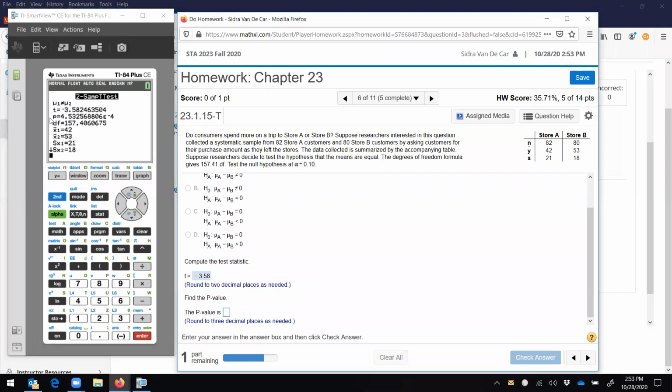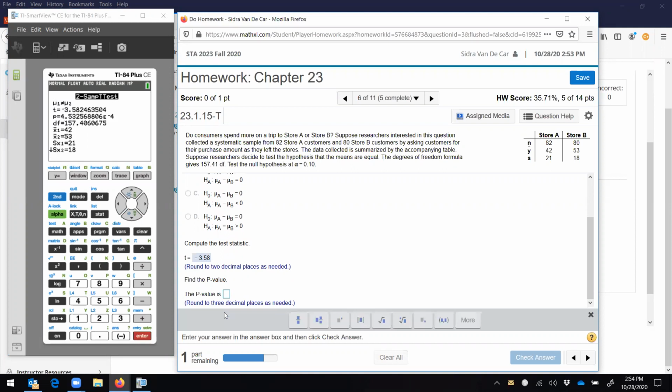Our p-value is right here. This means scientific notation, we're going to move the decimal 4 places. So we're going to have 0.0004. So that would round to 5 since we're rounding to, oh, we're rounding to 3 decimal places. 1, 2, 3.